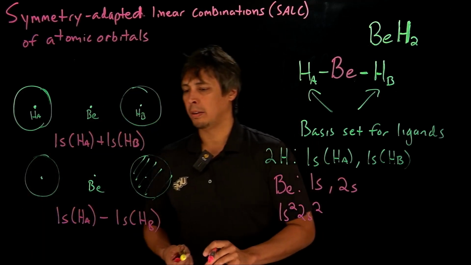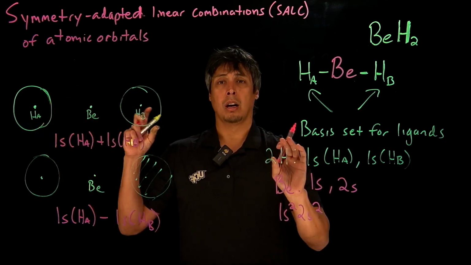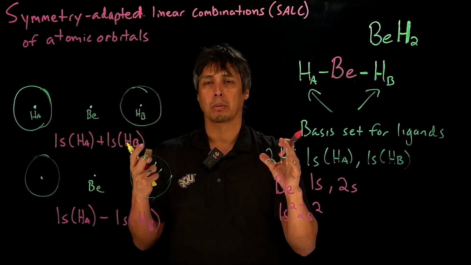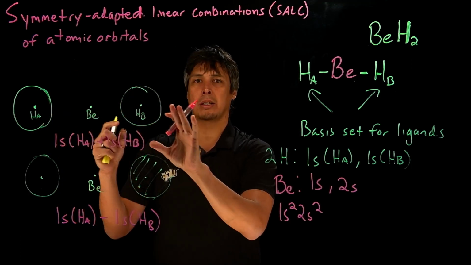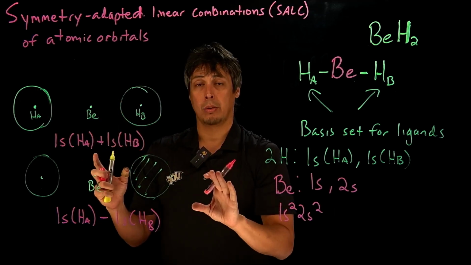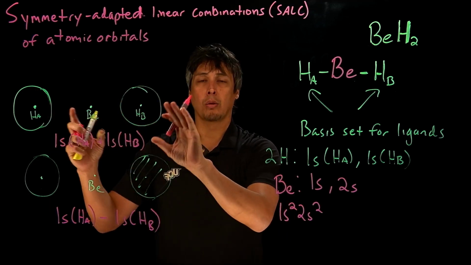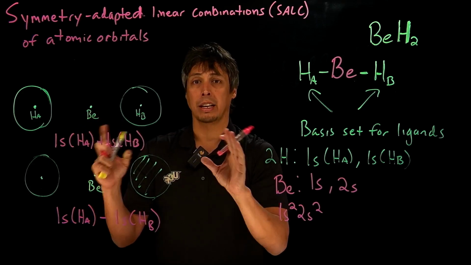And it's important to note here that the hydrogen atoms are going to interact with the beryllium, not with each other. So there is no overlap here. These are not considered bonding or anti-bonding orbitals in any way right now. They are not overlapping, they're not interacting through constructive or destructive interference in any way right now.